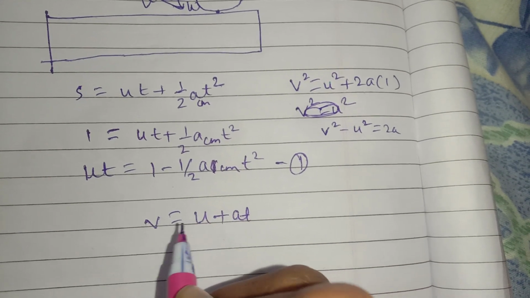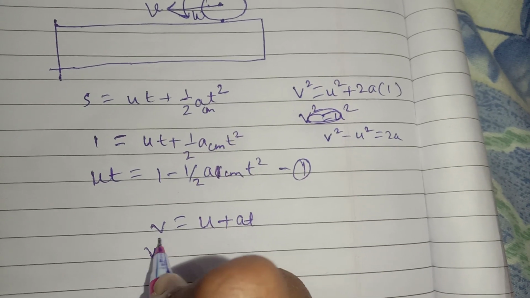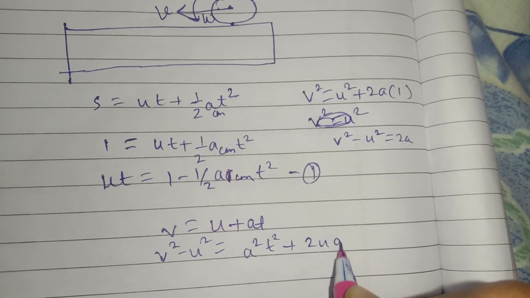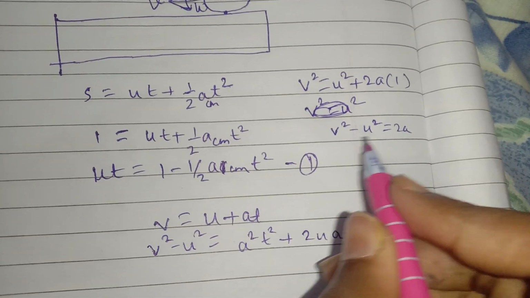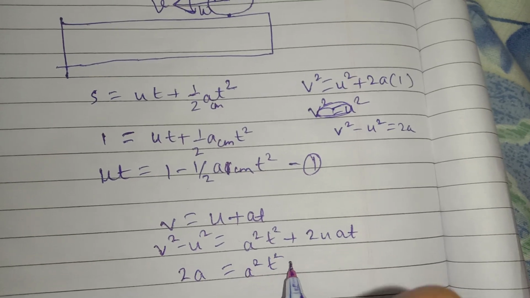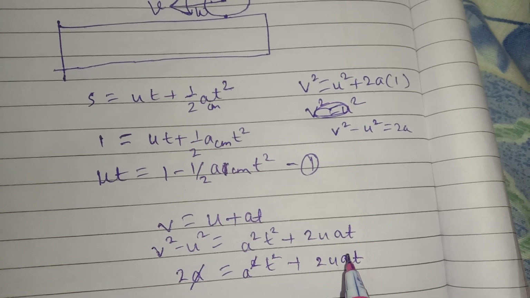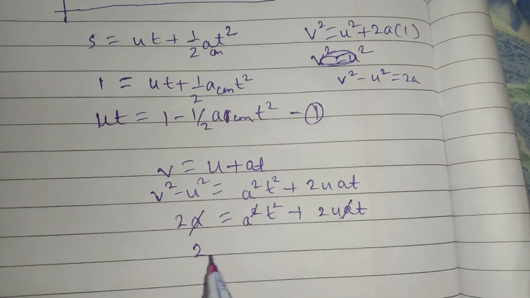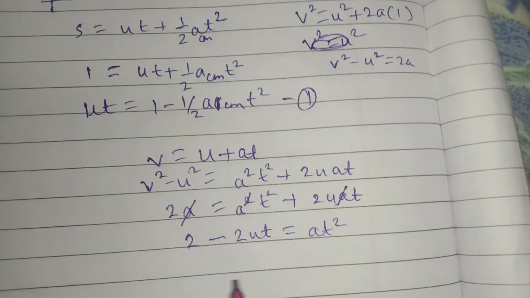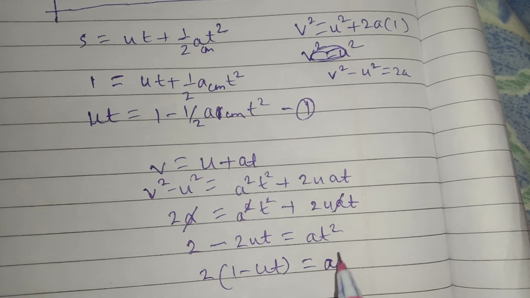Subtracting u square on both sides, we get v square minus u square equals a square t square plus 2uat, and we put the value of this as 2a equals a square t square plus 2uat. Here a cancels out, then we get 2 minus 2ut equals a t square. Then we get 1 minus ut equals a t square.